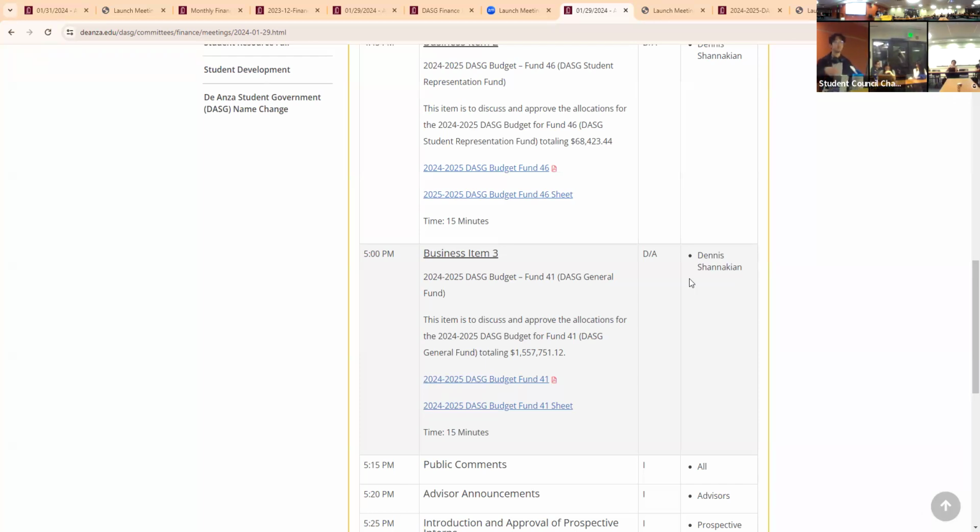So that it can then go to the Senate. Question, when is the Senate meeting? This upcoming Wednesday, we're going to be presenting it to Senate as a discussion and information item. And then the following week is when we'll be doing budget deliberations at Senate. Just to go over how it works, it needs 2 approvals, if I'm not mistaken, right, Dennis?